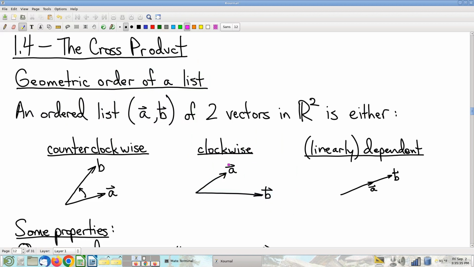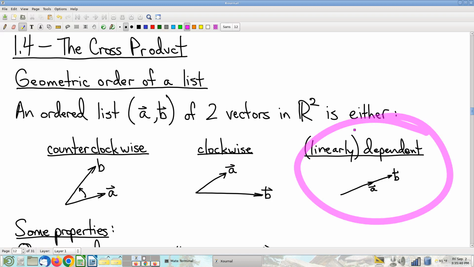I do want to recognize, though, sometimes you have a list of vectors, like let's suppose it's these here, and it's just neither counterclockwise nor clockwise. In this case, they're the same direction, so there's no turning at all. You could imagine also, what if one of the vectors were the zero vector? Then it's neither clockwise nor counterclockwise.